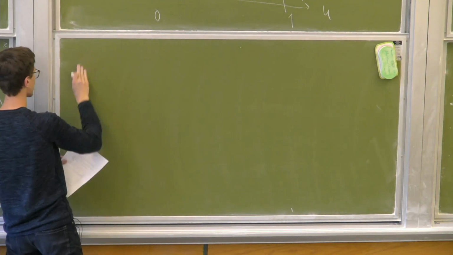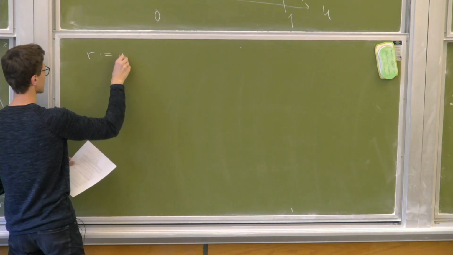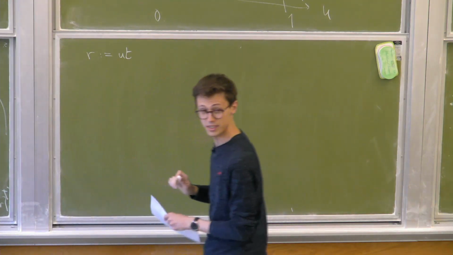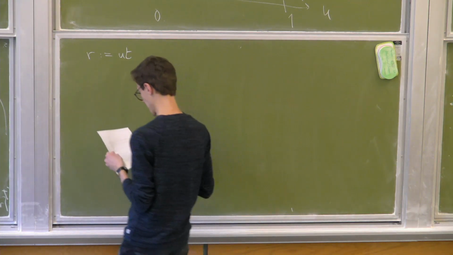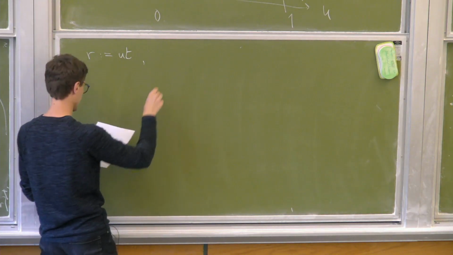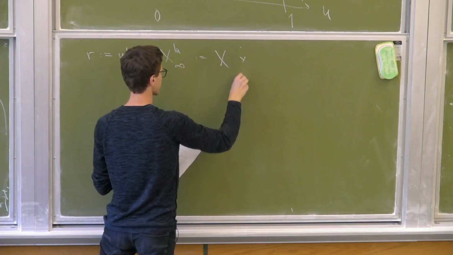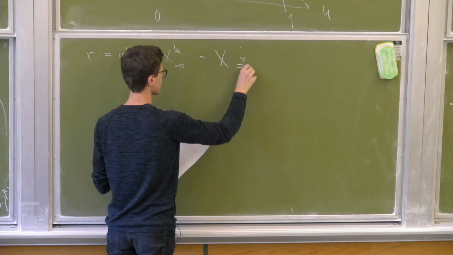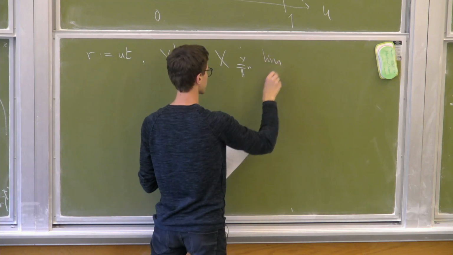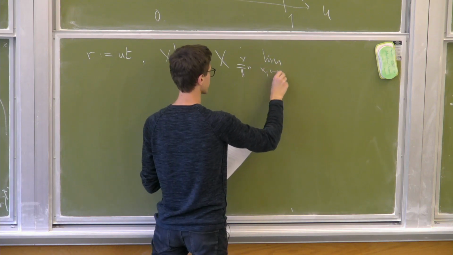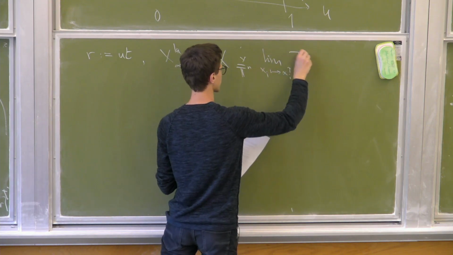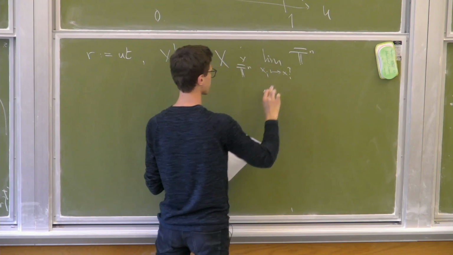So R is supposed to be U times T. And X infinity LA is the base change of the standard perfectoid cover of the torus along this toric chart.